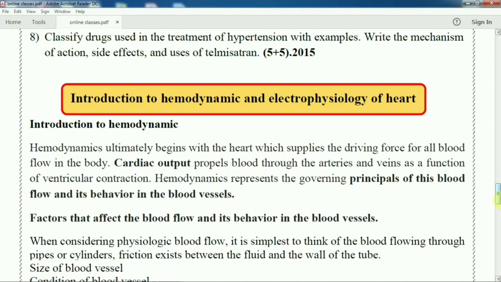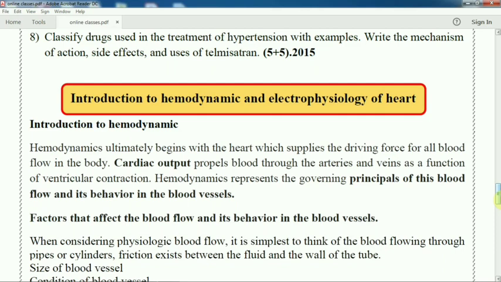Hemo, we have already studied: heme means the iron part, globin means protein, as in hemoglobin; here hemo means blood. Dynamic means force or flow of blood. So blood flow and its behavior in the blood vessel.